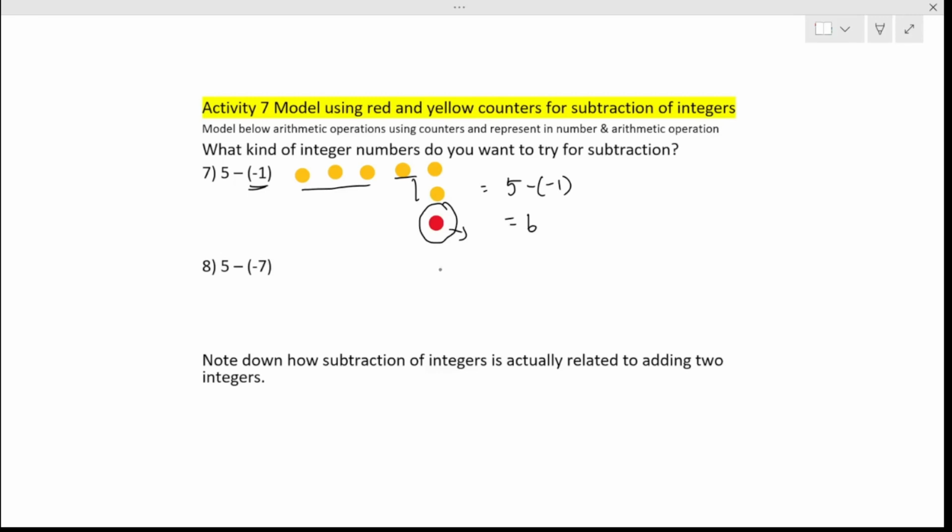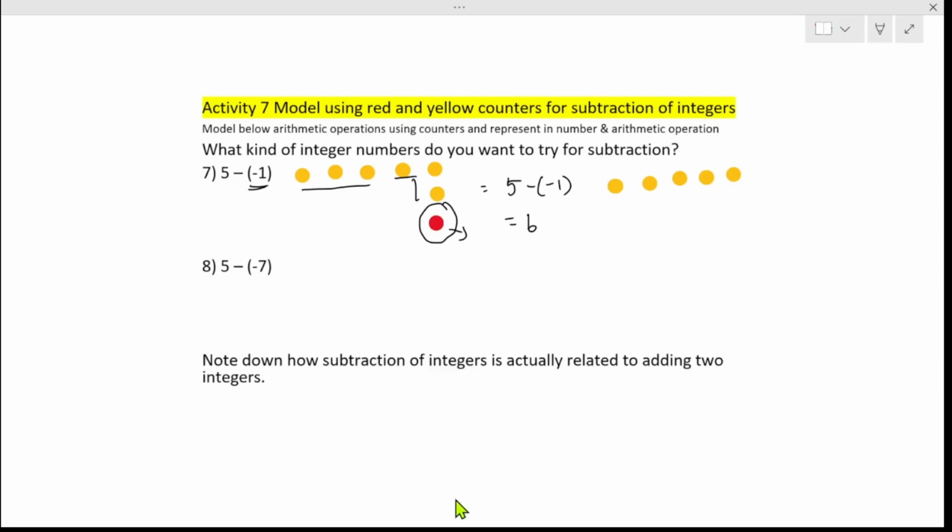Okay, now let's figure out the same with adding a negative integer. So 5 plus minus of negative 1, you can think of it as 5 yellow counters and then adding a negative of negative 1. We'll see in the upcoming videos why negative times negative is a positive.